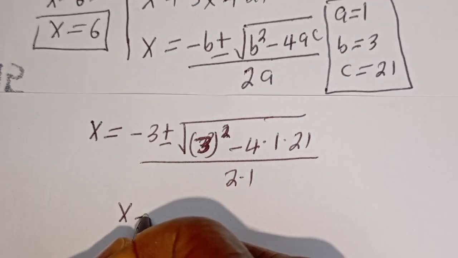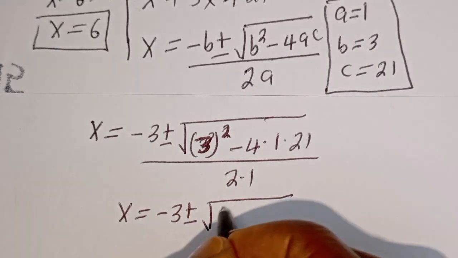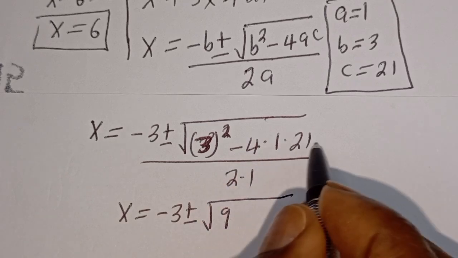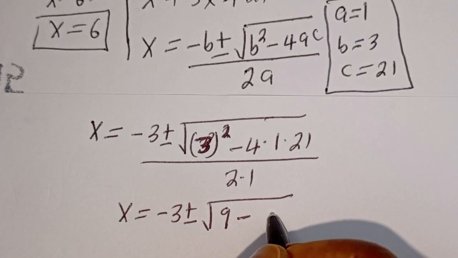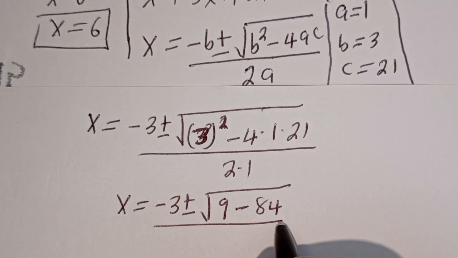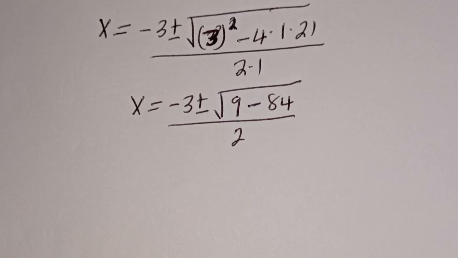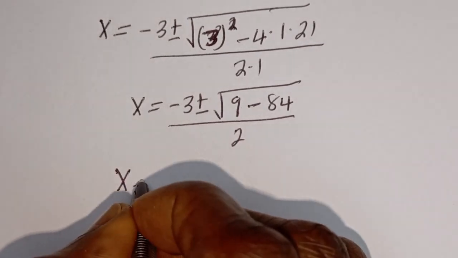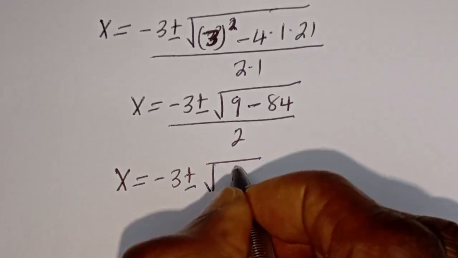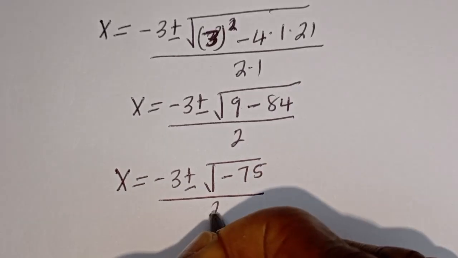Now x is equal to minus 3 plus or minus square root of 3 squared, that is 9, minus 4 multiplied by 1 multiplied by 21. 4 times 1, that is 4. 4 times 21, 84, divided by 2 times 1, 2. x is equal to minus 3 plus or minus square root of 9 minus 84, that is minus 75, divided by 2.